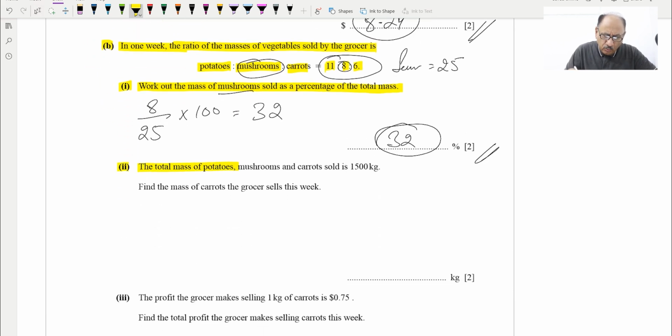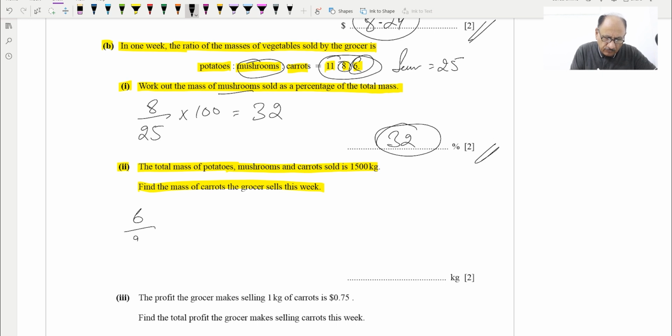Part C, the total mass of potatoes, mushrooms and carrots sold is 1500 kg. Find the mass of the carrots that the grocer sells this week. We know that the ratio for the carrots is 6 out of 25.